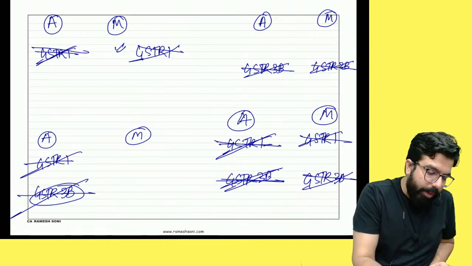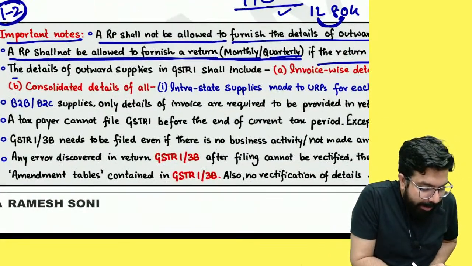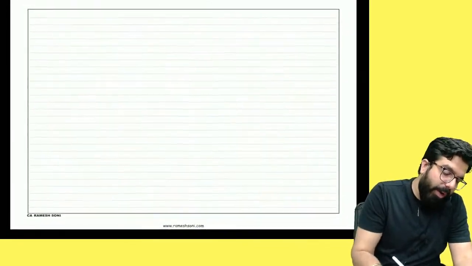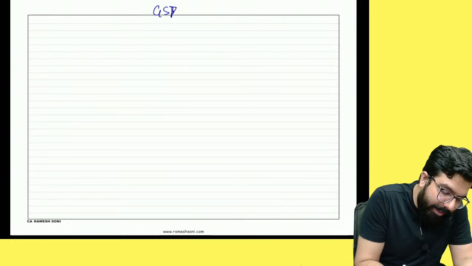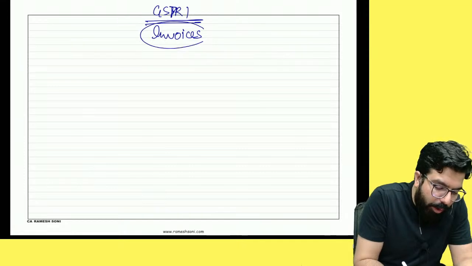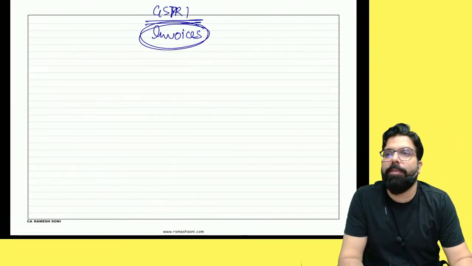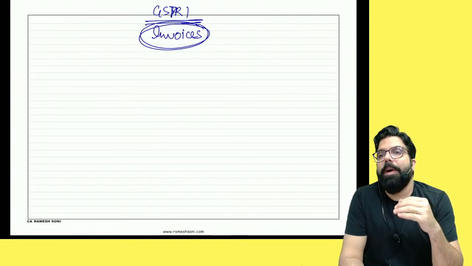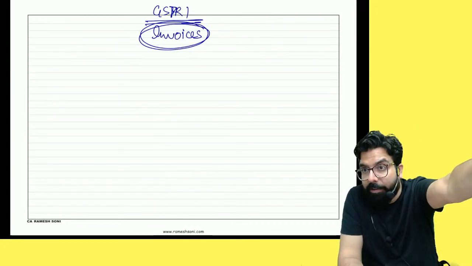Next, the next one over here is the details of outward supply in GSTR 1. People, when you are filing your GSTR 1, you have to show the details of the invoices. Now, for an example, I would have gone ahead and sold to a registered person.